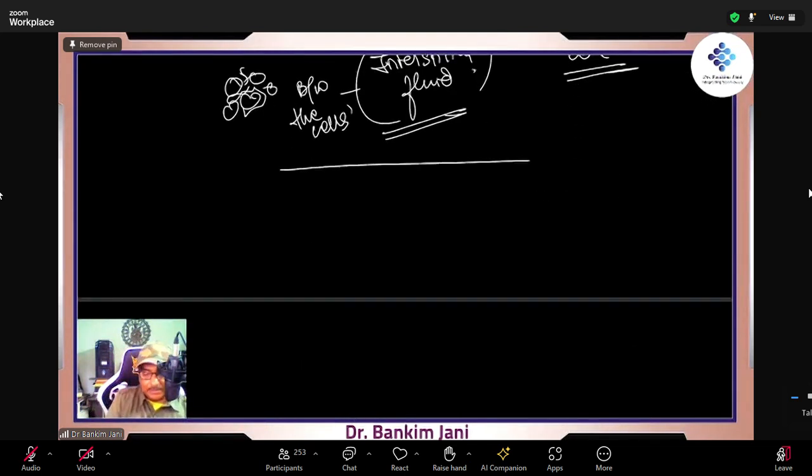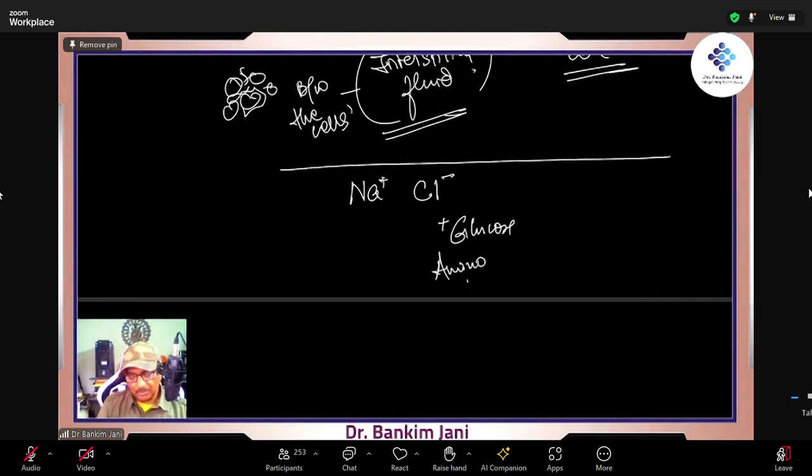About the ions, next time we'll be discussing the sodium potassium pump. Sodium is in extracellular fluid. Chloride is in extracellular fluid. Plus there will be glucose and some amino acids, but these two will be playing a crucial role.